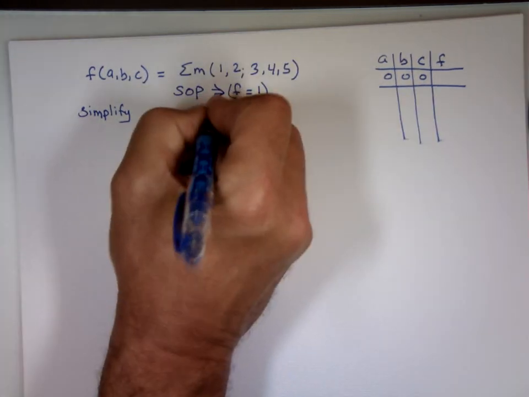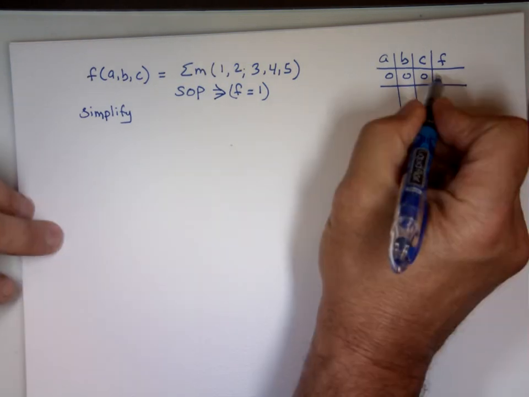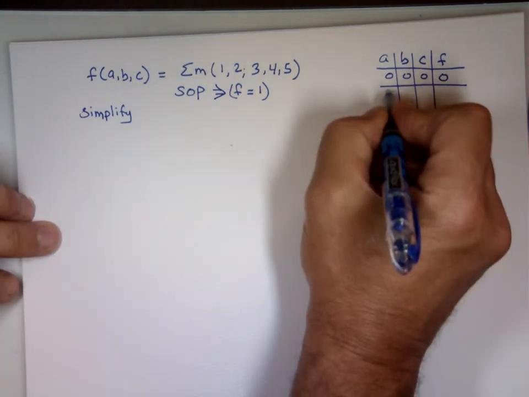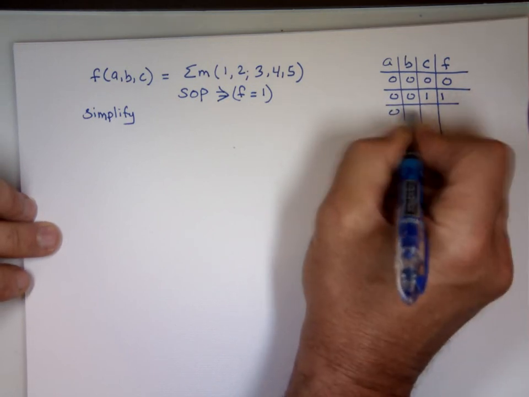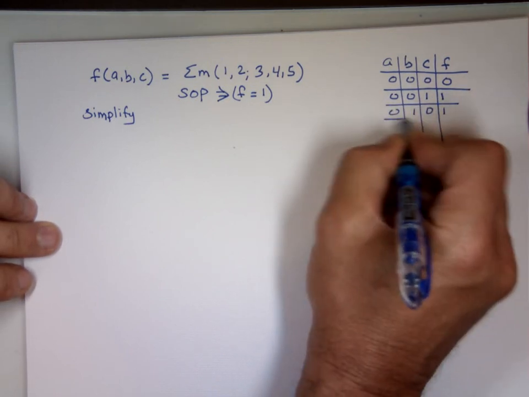So this is 0, F is 0. 0, 0, 1, F is 1. 0, 1, 0, F is 1. That's a 2. 0, 1, 1, F is 1.